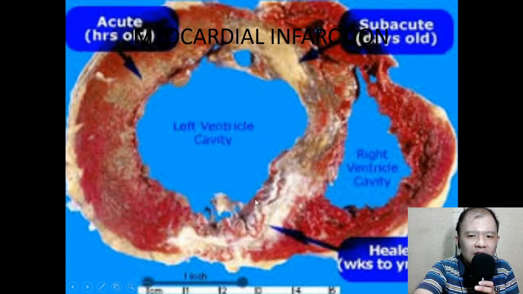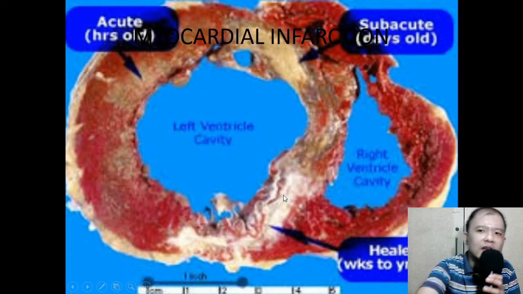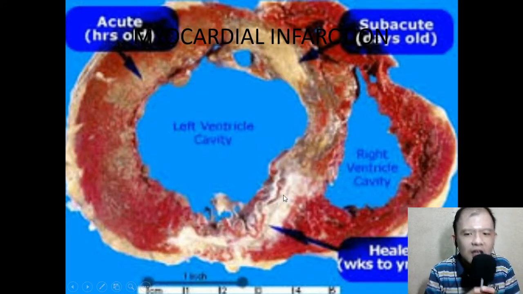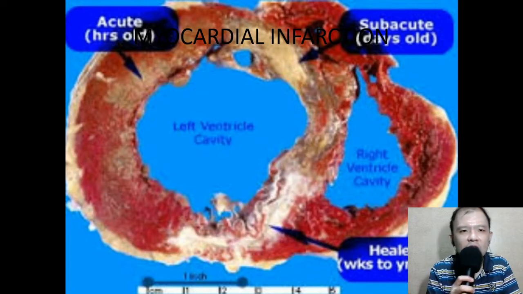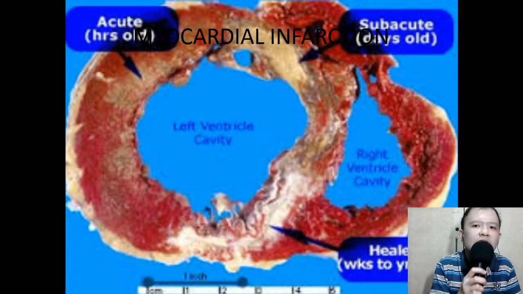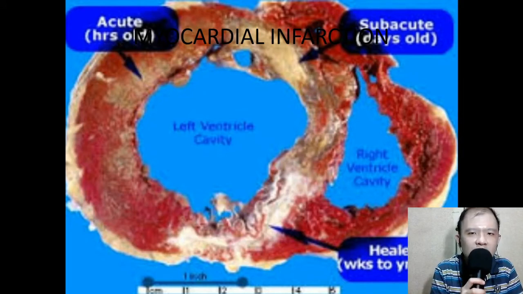Here is most likely a case of fibrosis secondary to chronic myocardial infarction. The patient here did not just have an acute episode of myocardial infarction, but already had previous heart attacks.